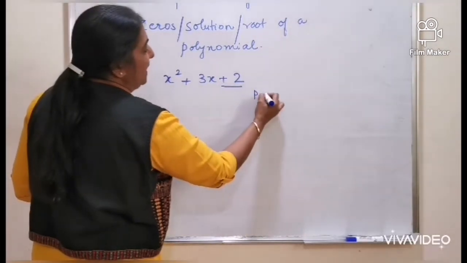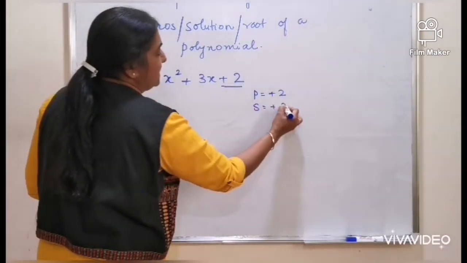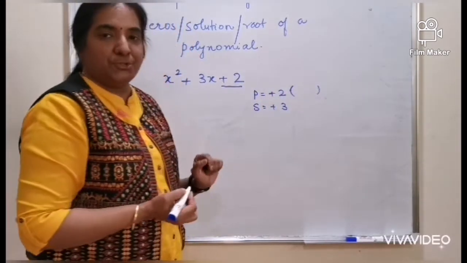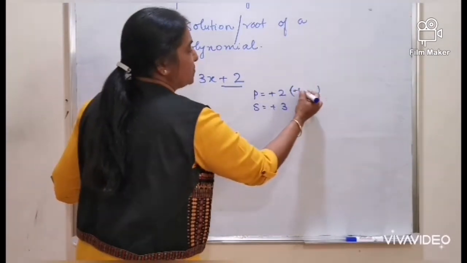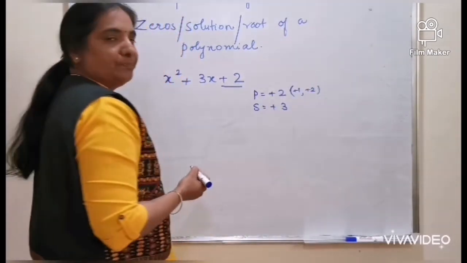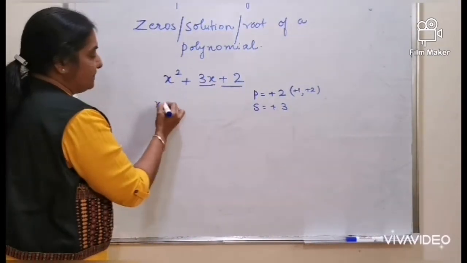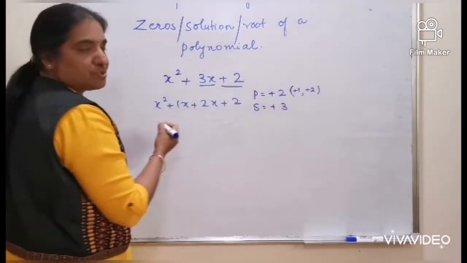The product value is plus 2, sum is plus 3. The factors of the product 2, which give you a total of 3, are plus 1 and plus 2. You will split the middle term 3x as x squared plus 1x plus 2x plus 2.